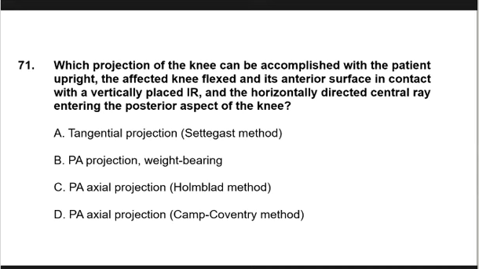So posterior aspect of the knee. So the answer, anong method ito? Na ang pasyente ay nakatayo, where its anterior surface of the knee ay against the vertically directed image receptor, and the central ray is horizontally directed wherein the X-ray beam enters in the posterior aspect of the knee. Anong method ito?